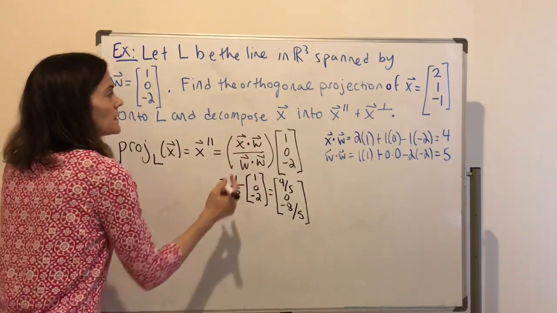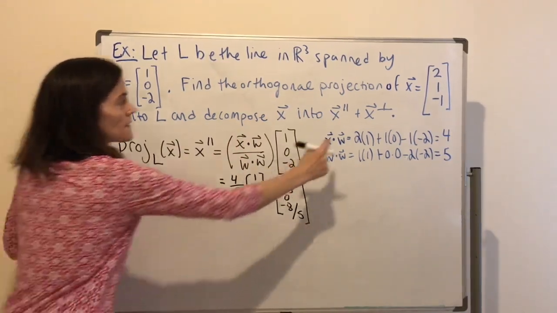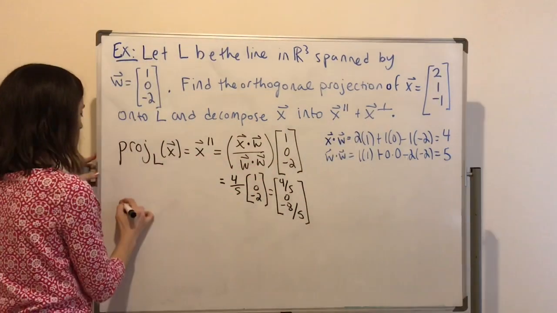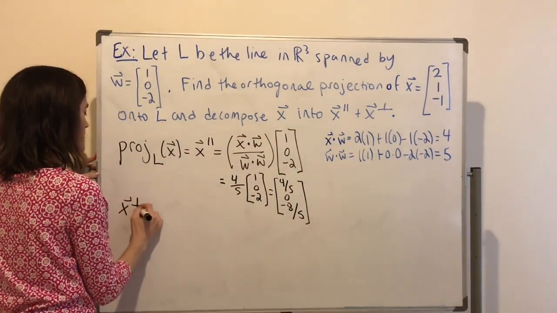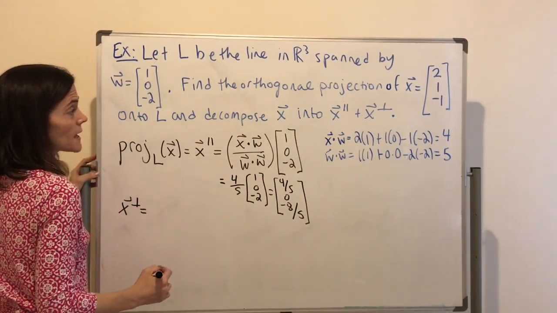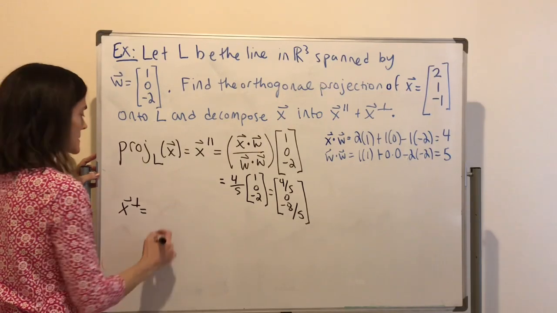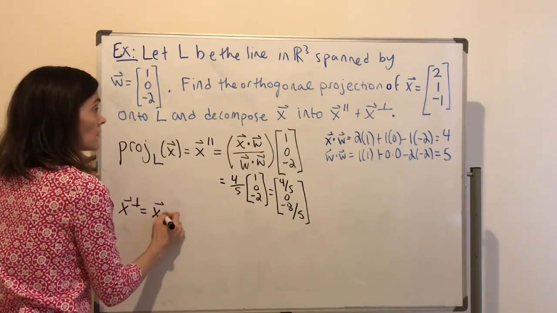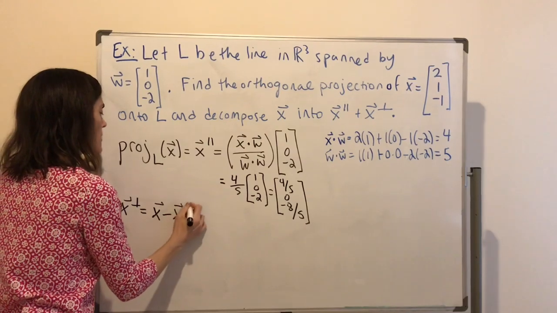Well then, how do we find this part? We just take X minus the projection.